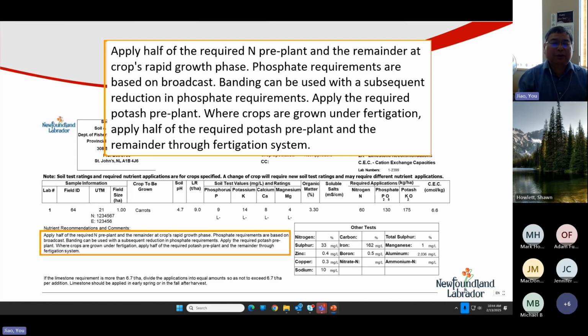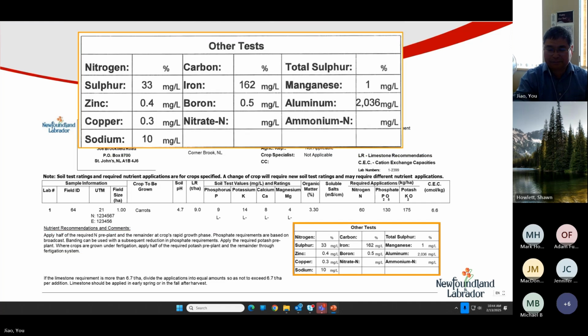Apply the required potash pre-plant, but if your crop grows under fertigation, you can put half pre-plant and the remainder through the fertigation system. Fertilizer plus water is called fertigation.